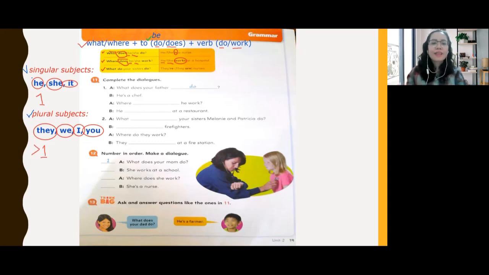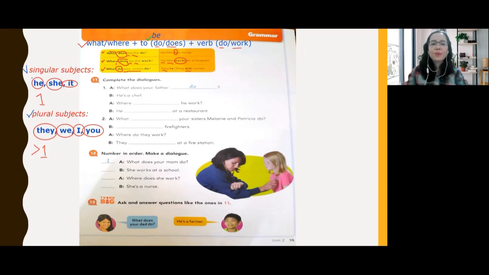And the last type of question, what do your sisters do? Since it is a plural subject, the to be used here is do. And when it comes to the answer, we are using are. And the subject is they.